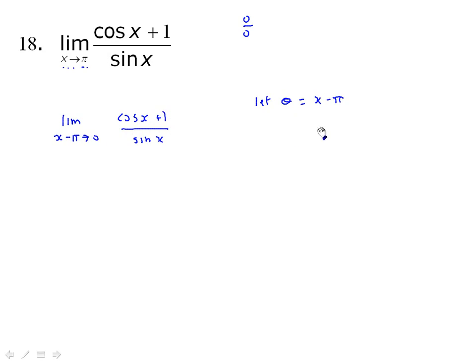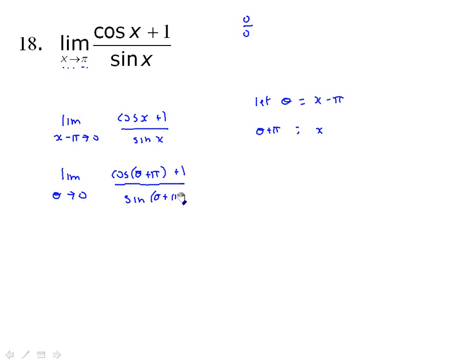And that would mean that x is equal to theta plus pi. So this expression now is going to be the limit as theta approaches 0, and then cos x becomes cos of theta plus pi, plus 1, and sine x on the bottom becomes sine of theta plus pi.